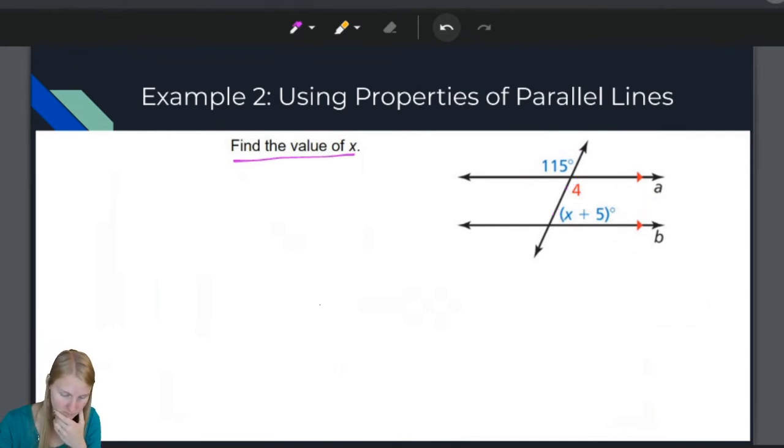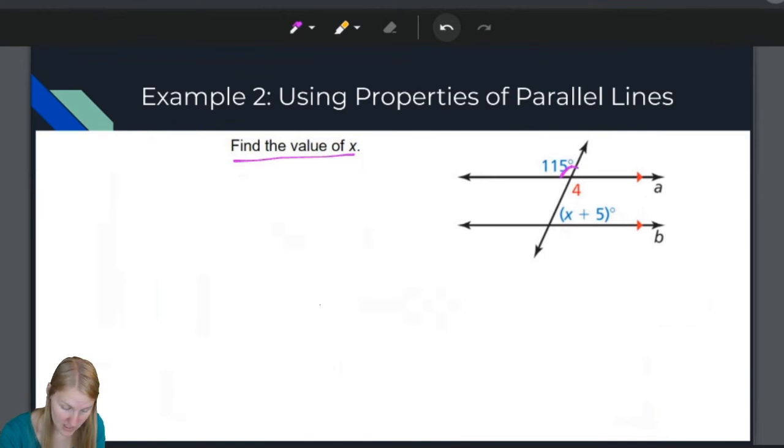So, what do we know? Well, 115 and this angle pair right here, that's not an angle pair. That's not corresponding, that's not alternate interior, that's nothing. So we can't use those two.